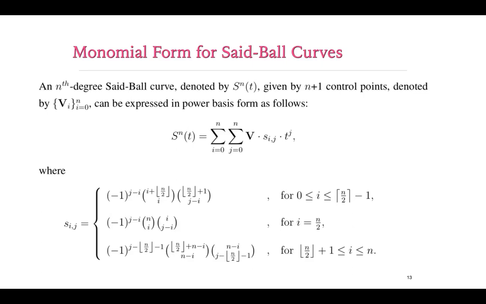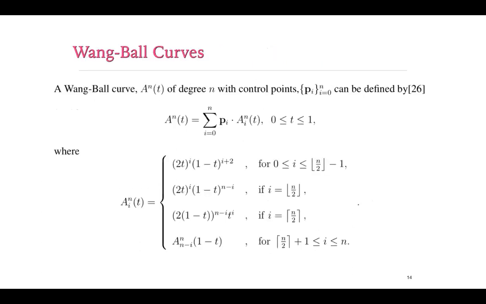But after that, in 1996, the Wang-Ball curve was claimed to be a big O(n) recursive algorithm. So instead of converting from Bezier to Sidebar, we can convert Bezier to Wang-Ball in order to compute the Bezier curve faster. So the Wang-Ball curve will be more important and more popular than the Sidebar curve.